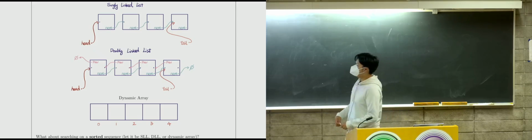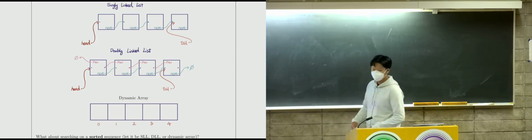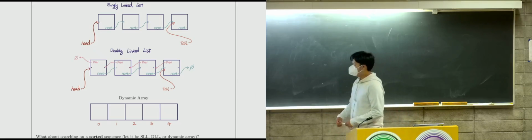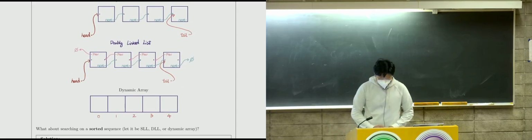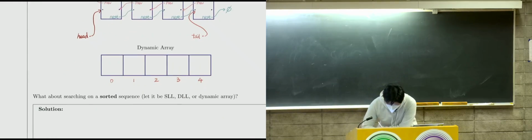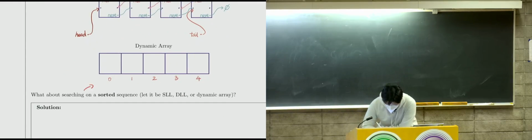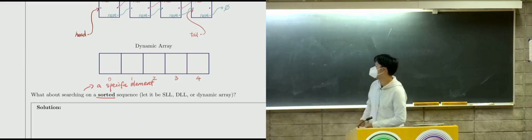So we just finished the singly linked list and doubly linked list part, and we are headed toward sorting the sequence. So then let's think about, what about searching a specific element in a sorted sequence?